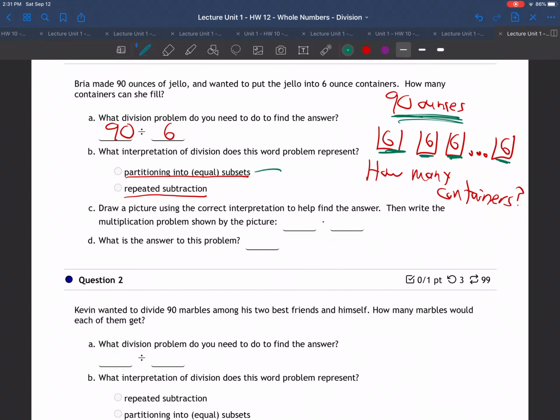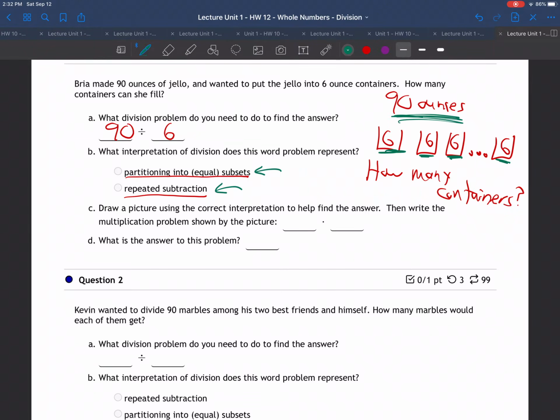Are we partitioning into equal subsets? Well, yes, of course we are. Are we repeatedly subtracting Jell-O from the main thing? Well, yes, of course we are. We're really doing both of those. That's what's tricky about this. The difference is subtle. You're really doing both of those, but which one are you mainly doing?